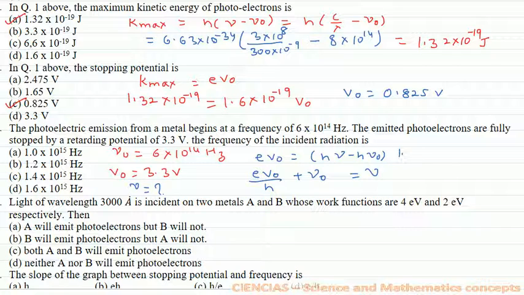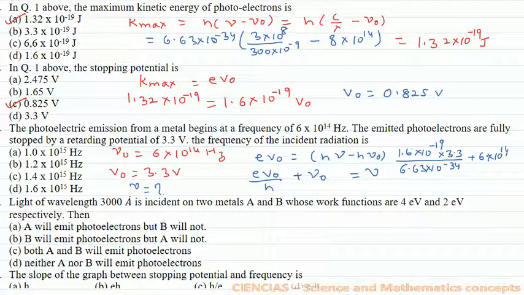The value of e is 1.6 into 10 to the power minus 19. V0 is 3.3, upon h is 6.63 into 10 to the power minus 34, plus nu 0. Nu 0 is 6 into 10 to the power 14.